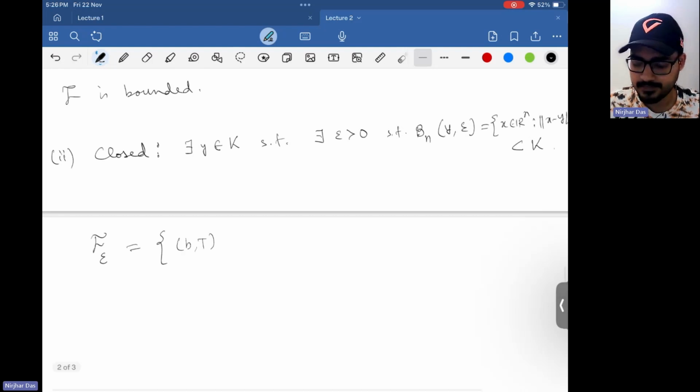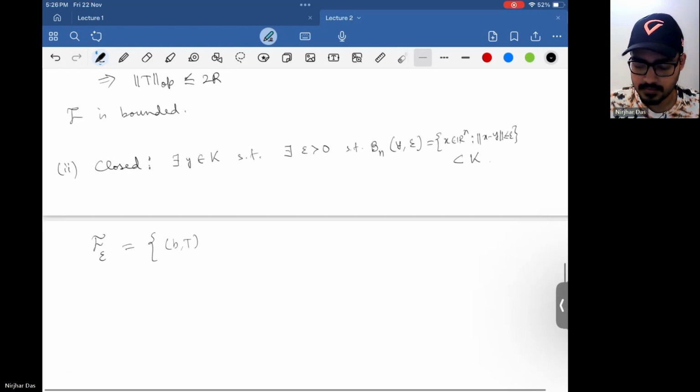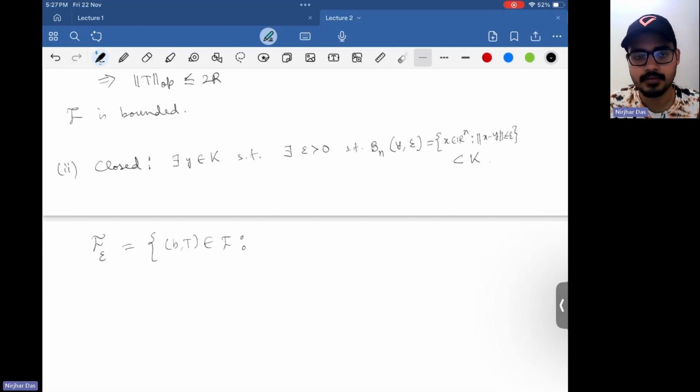It's a restriction of F in the following way, such that we have volume of b plus T Bn is greater than or equal to epsilon to the power n times volume of Bn.